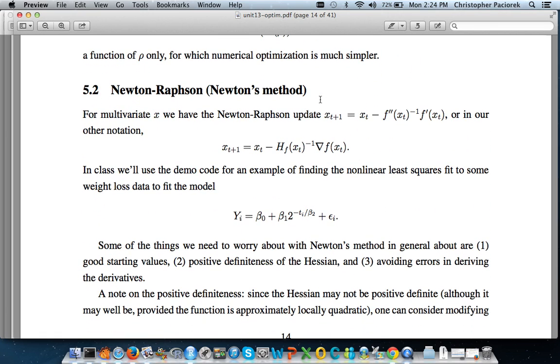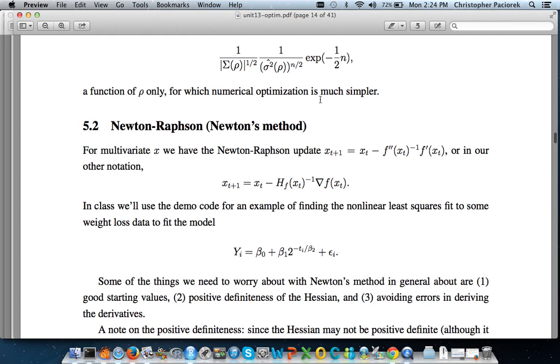So if we think about taking Newton's method and modifying it for the multivariate setting, it's not really any different, except now we're going to be working with vectors and matrices. Remember that our original Newton-Raphson update looked like this, where I had the current x in my iterations. I subtract off the inverse of the second derivative and multiply that by the gradient.